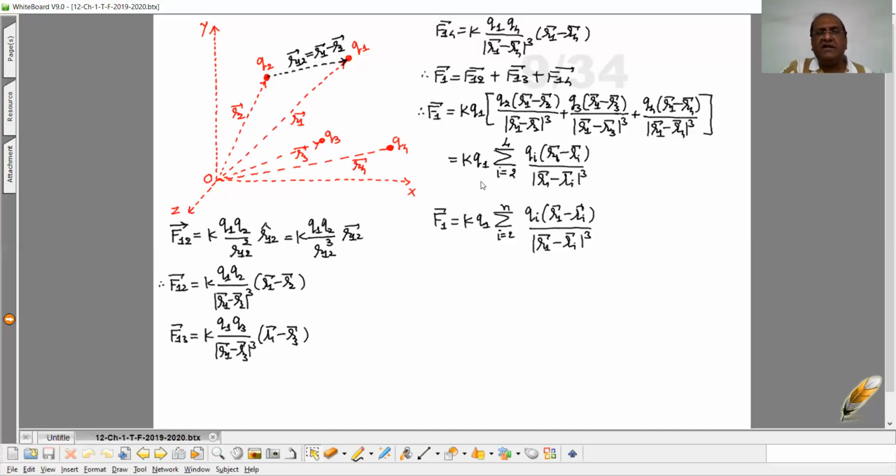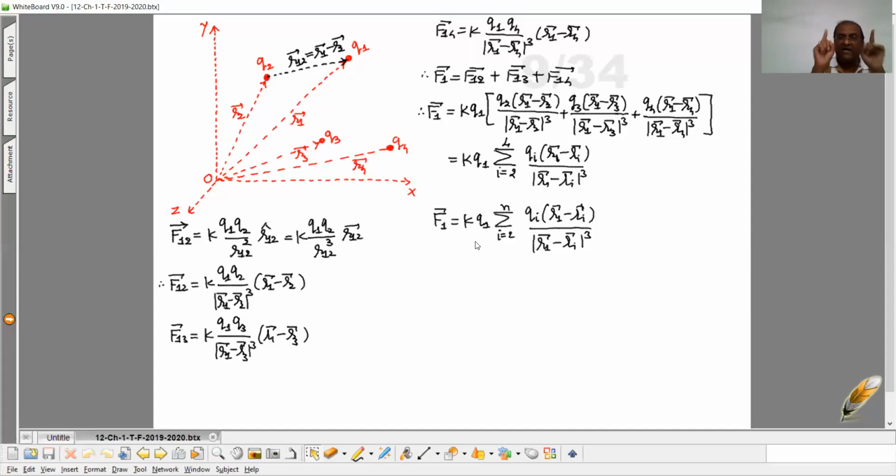So we can write KQ1 sigma i equal to 2 to 4 Qi into R1 minus Ri upon magnitude R1 minus Ri cube.